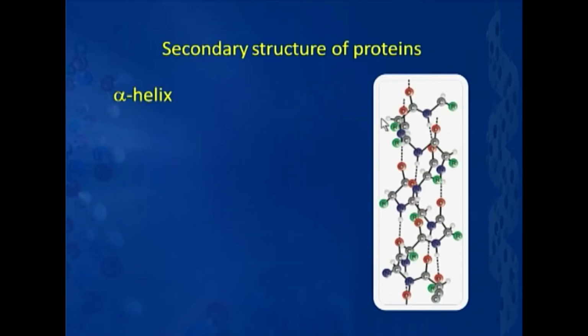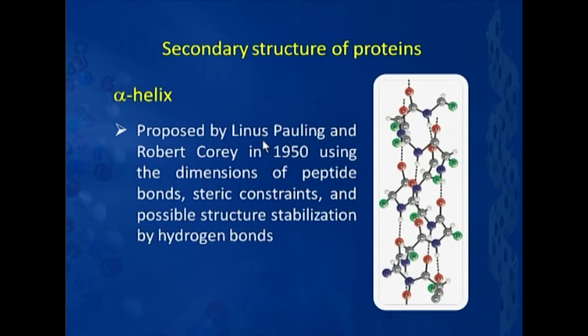Alpha helix first. This picture is very familiar to all of us. This structure was proposed by Linus Pauling, the Nobel laureate who got the Nobel Prize twice, once for chemistry and once the Peace Prize. It was proposed by Linus Pauling and Corey in 1950.